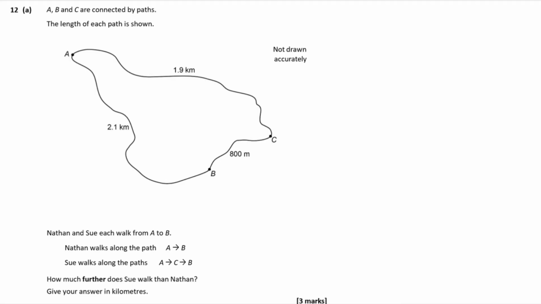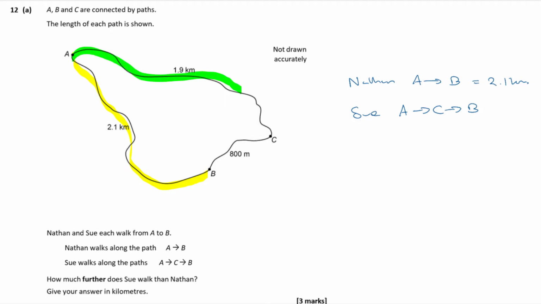Okay, so let's have a think about Nathan first of all. Nathan is going from A to B. So A to B is this route here. That's just one route of 2.1 kilometres, isn't it? So that's equal to 2.1 kilometres. Okay. And then Sue walks from A to C to B. Now A to C is from here to here.